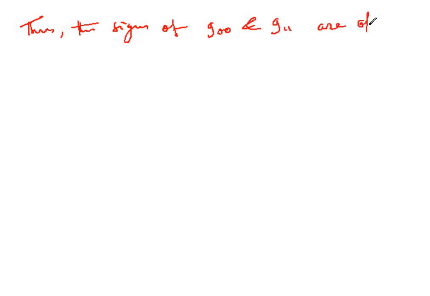Thus, these signs are opposite of what they are normally. So, thus, the signs of G00 and G11 are opposite of what is normal.